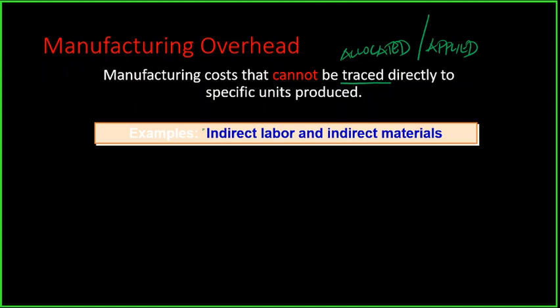So for example, you have your indirect labor and indirect materials. If your direct labor is, let's say, the cost of the carpenter who assembled the table, an example of indirect labor is, let's say, the helper.